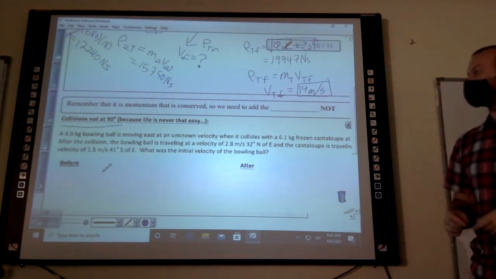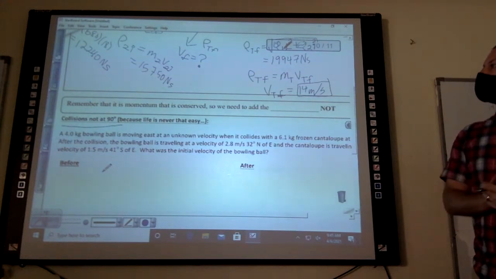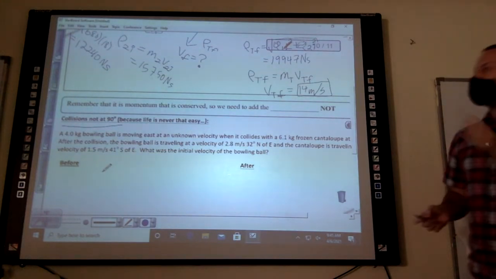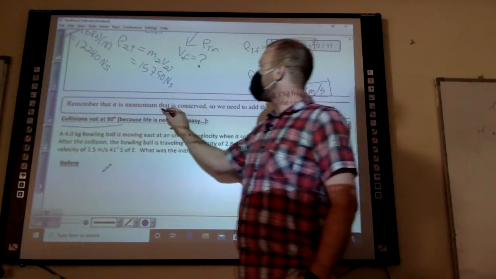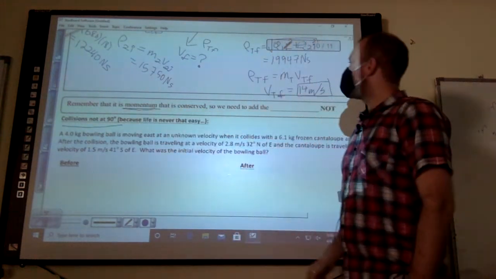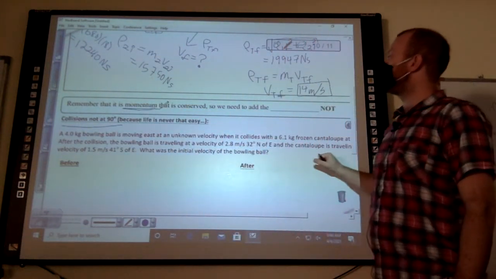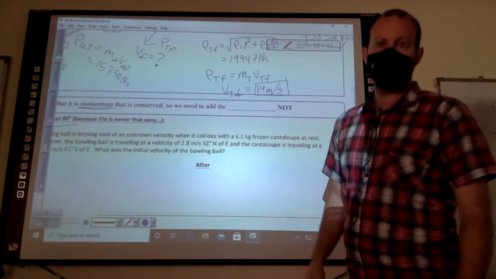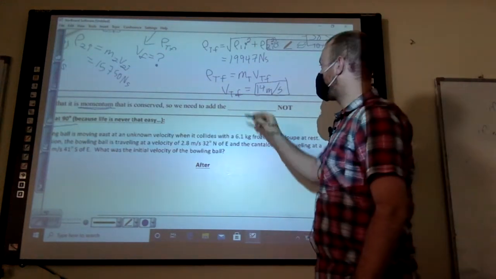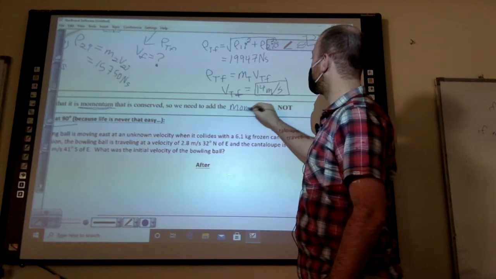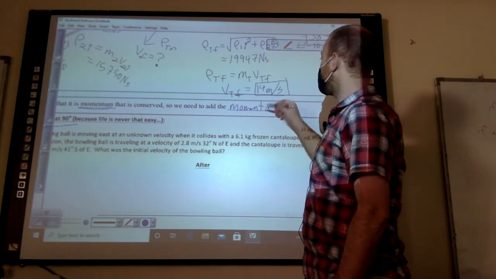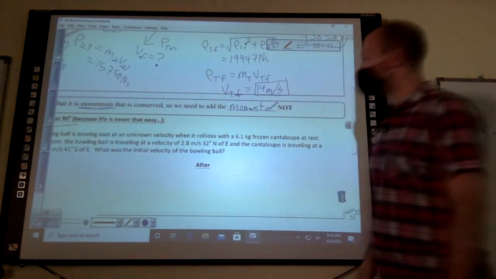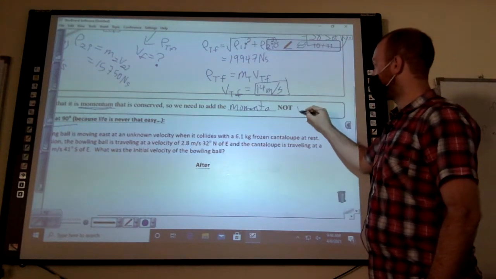That is essentially what we do for a lot of this year. So remember, it is momentum that is conserved in this case. So we need to add the, I'm going to write it down like this, it's called momenta if it's just the plural of momentum, and it's not the velocities.